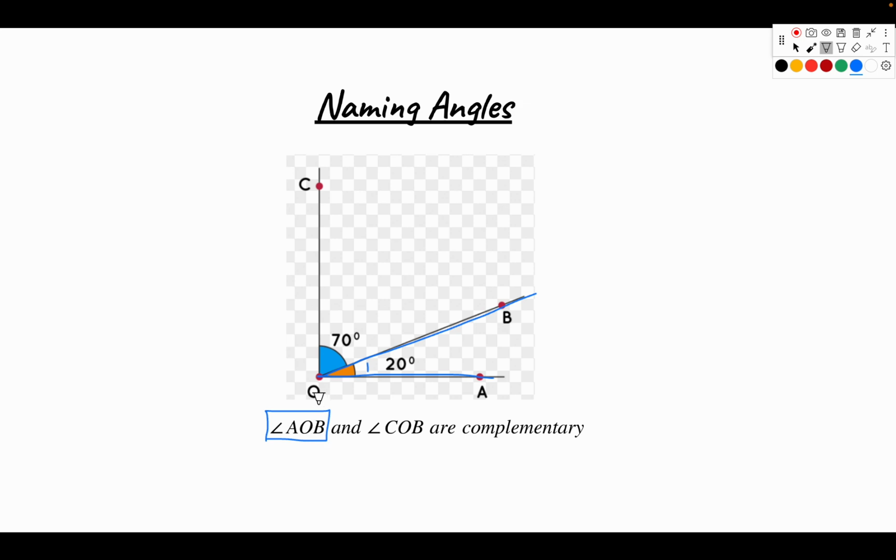The vertex, or the corner point of any angle, has to be the middle letter. The other angle we have, I could say this is angle 2, and this is angle COB. It starts at C, goes to O, and all the way out to B.